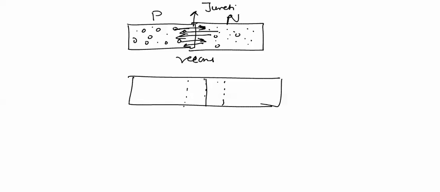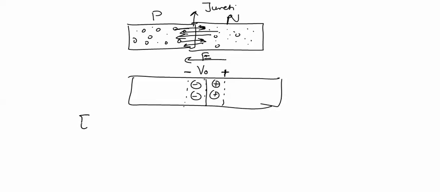This depletion layer will consist of positive ions on N side and negative ions on P side. Due to this, a potential is developed across the depletion layer, and due to this potential an electric field will be induced which directs from N side to P side.